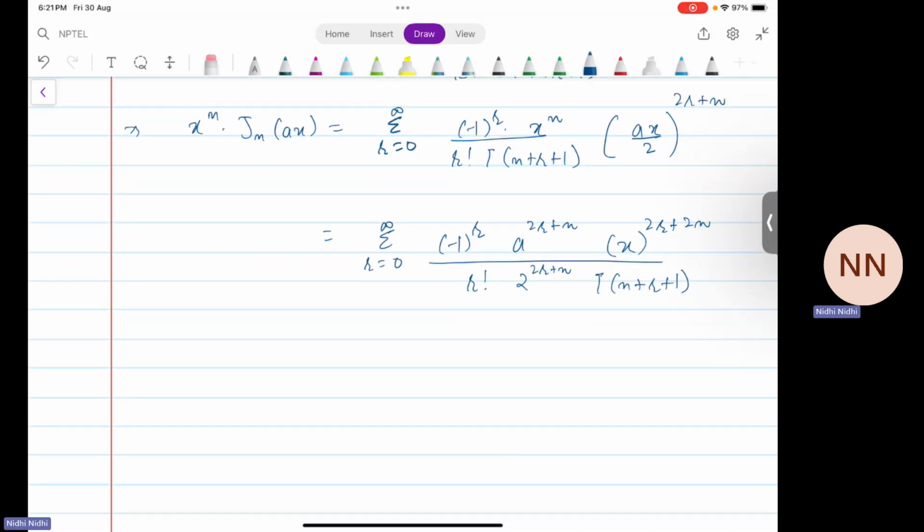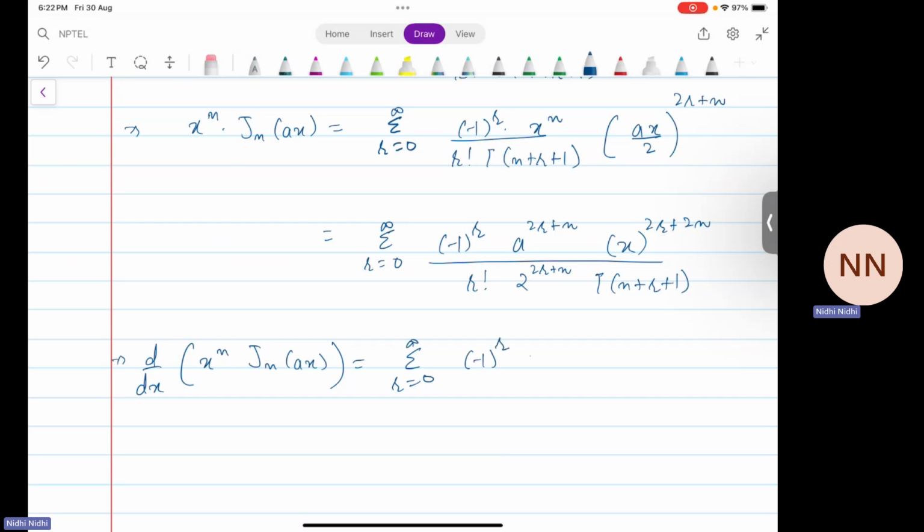Now all the terms are constant except for x to the power 2r plus 2n. So since this is a series with exponents of x, we can easily differentiate it term by term. So we'll get d by dx of x to the power n Jn(ax) is equal to summation r from 0 to infinity.